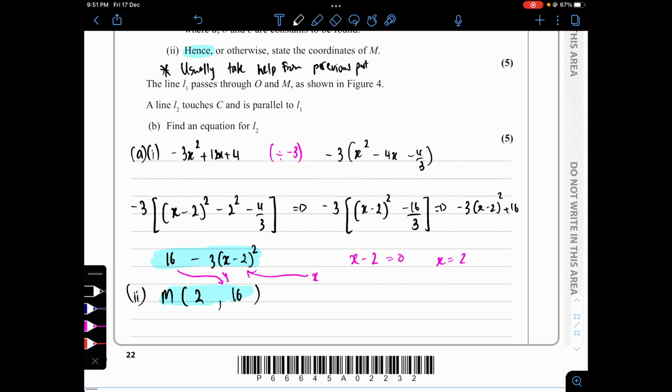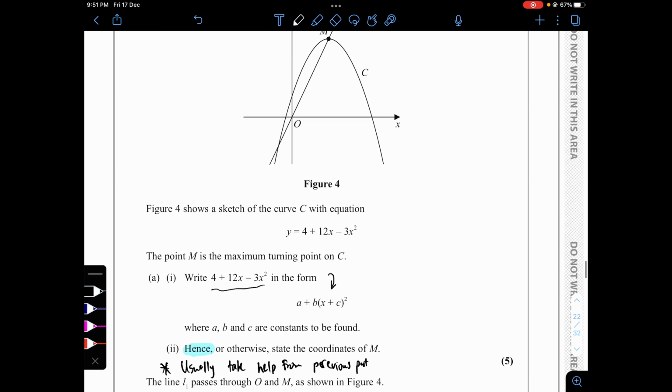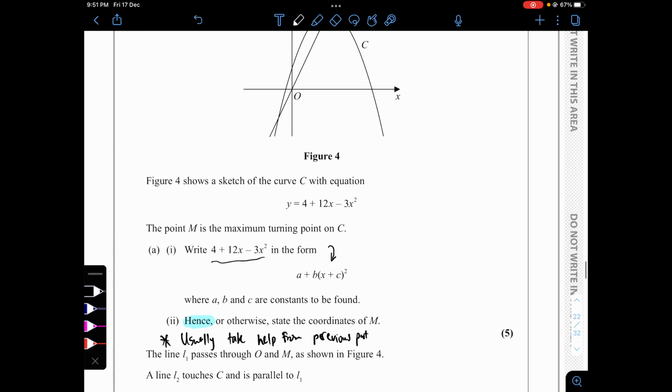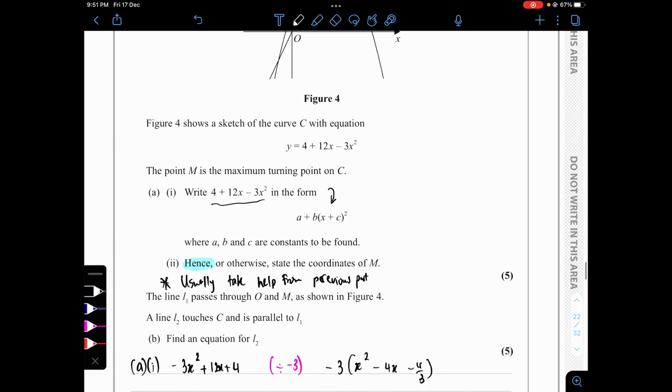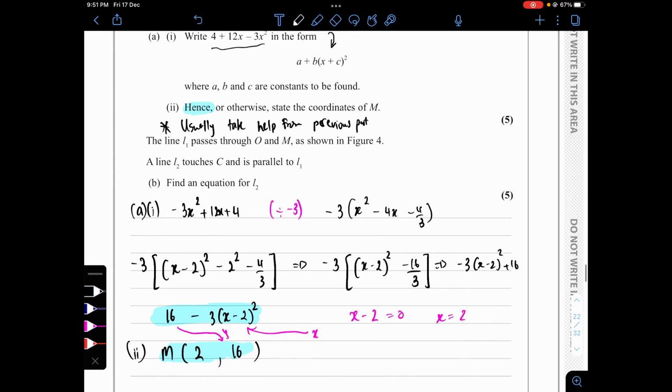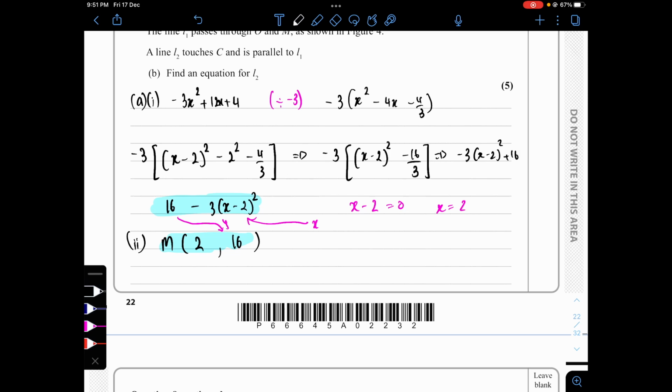Line L1 passes through O, which is the origin, and M. A line L2 touches C and is parallel to L1. Find an equation for L2. Pretty simple.